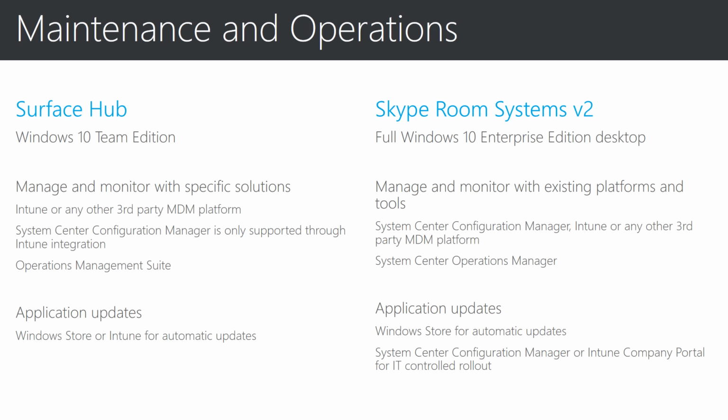You can use Microsoft Intune or any other third-party management solution that supports MDM specifications. For Surface Hub, you can also use OMS, Operations Management Suite, for monitoring, but you cannot use System Center Operations Manager with it. The same difference remains with the application updates as well.